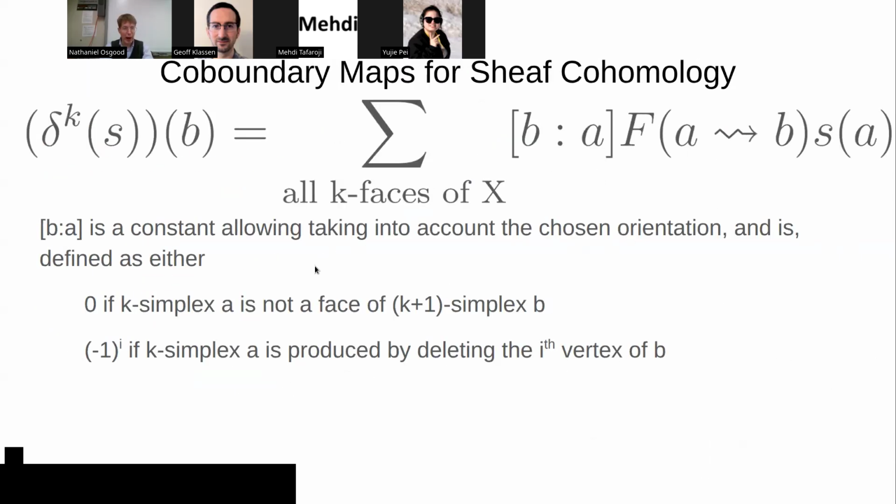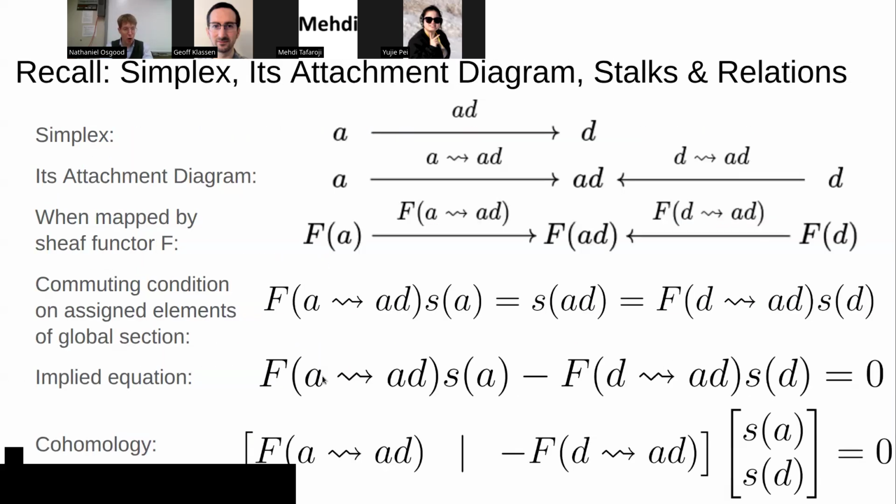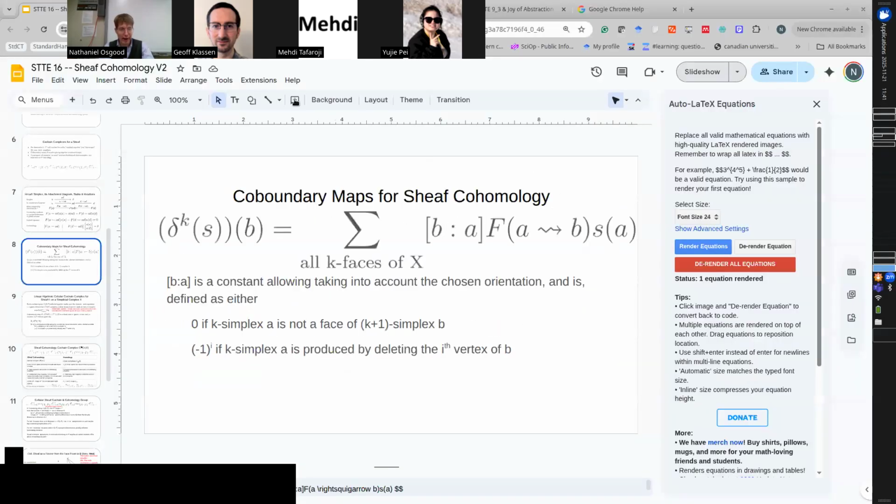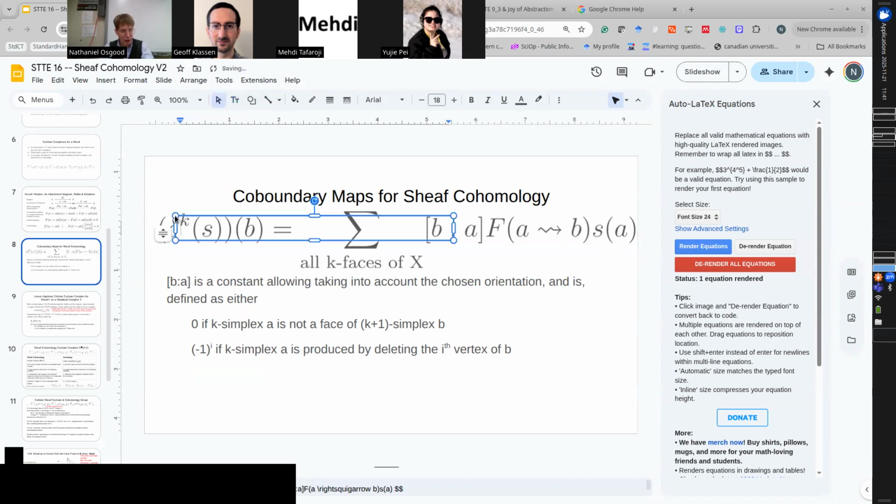Let's unpack this a little bit. The co-boundary maps here are of this form. I'm calling them D. There's some notational difference. This says delta, and I think in Rosiak he calls it delta upper.